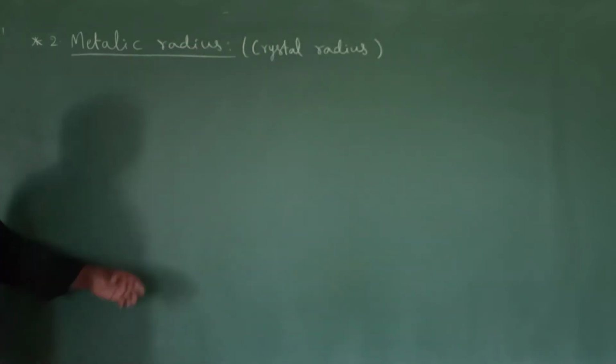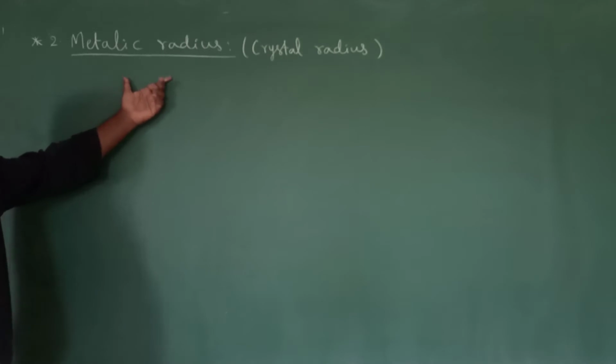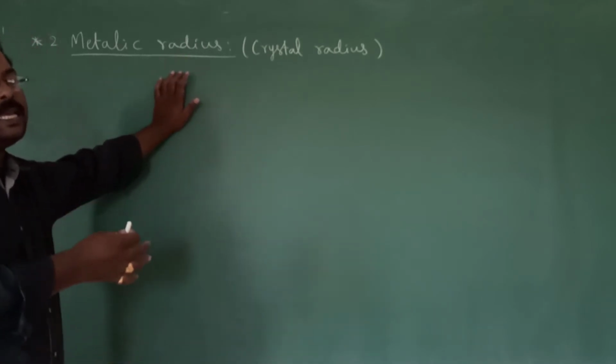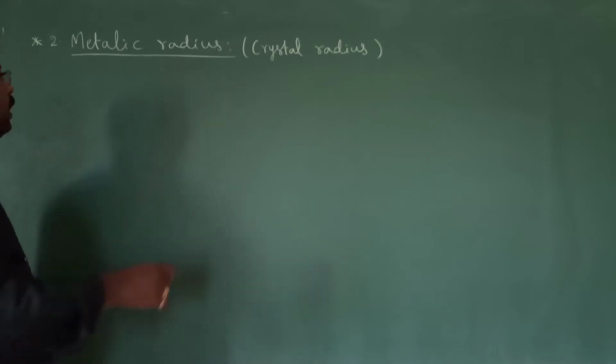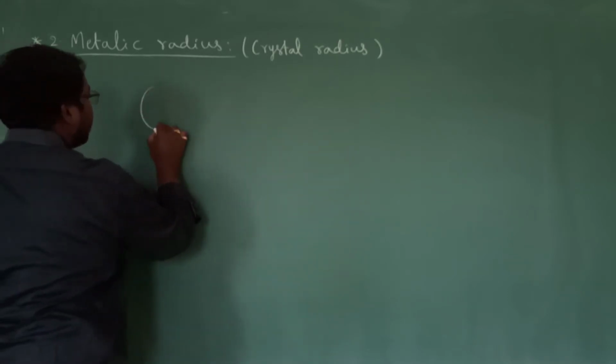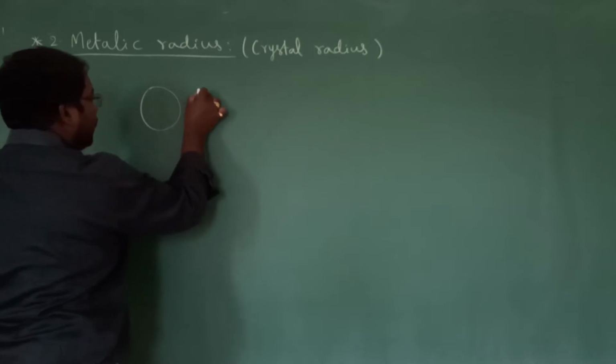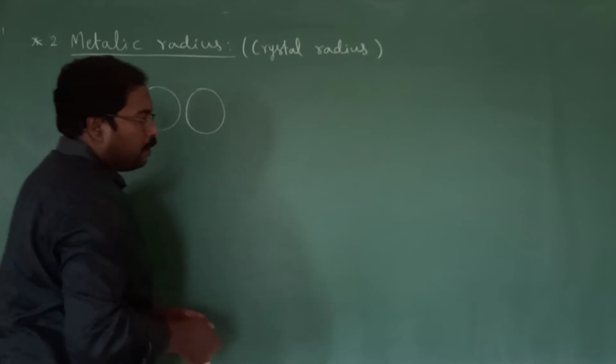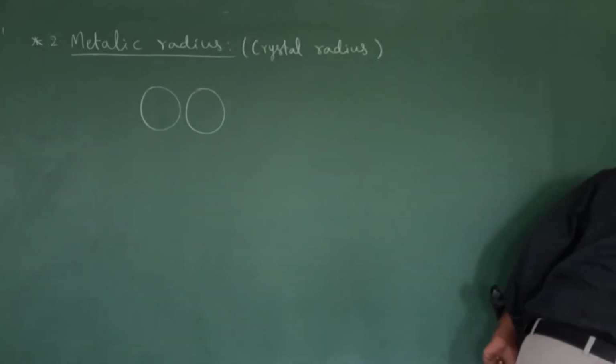A very easy one, from the name we can identify. This type of radius is the radius measured in the case of metals. The metals generally will be in the crystalline state, so that is why it is mentioned as metallic radius or crystal radius.